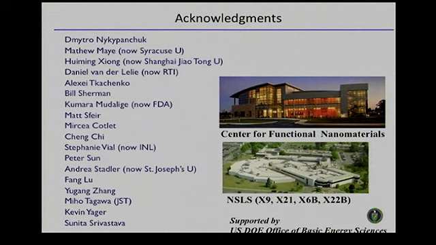As well as there are many, many colleagues at NSLS, at condensed matter physics and biology department, which I would like to acknowledge, as well as our facilities at CFN at Brookhaven, which doesn't have to be introduced additionally, as well as many of our measurements were conducted at different beam lines at NSLS. And obviously, I would like to acknowledge the support from DOE.